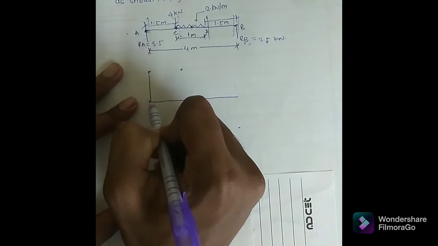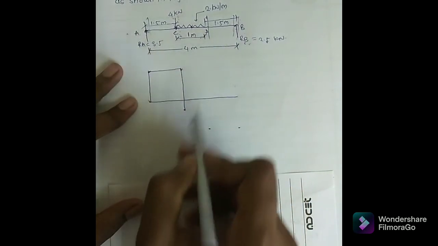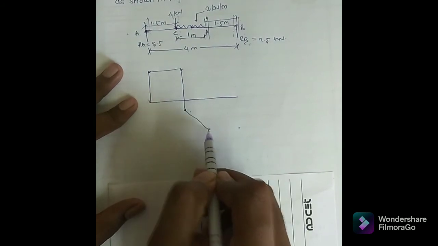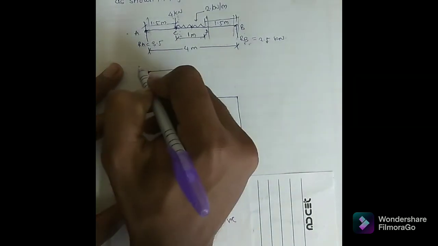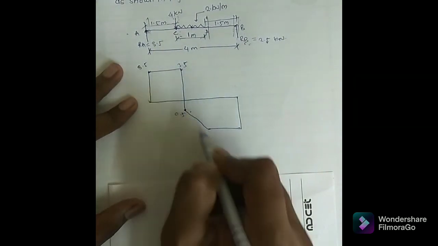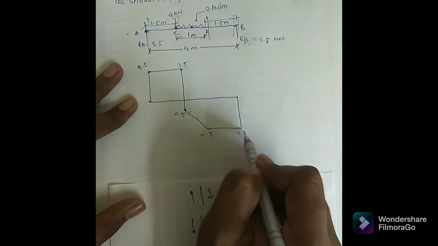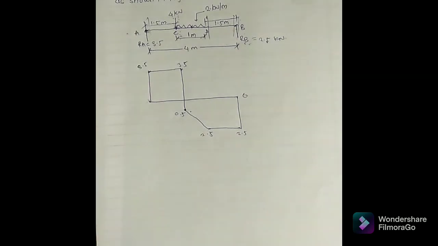So just draw, okay, so again it will be 0. So this will be 3.5, 3.5, 0.5, 2.5, 2.5 and 0.